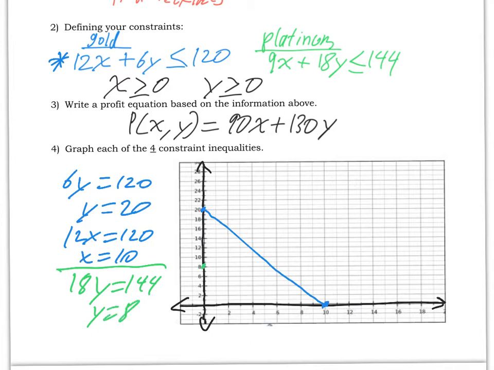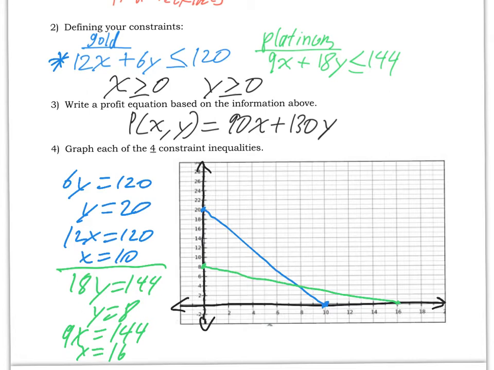So we're at 8 on the y-axis. And then when y is 0, we get 9x equals 144. So our x-intercept is at 16, which is over here. And I'm going to go ahead and try and draw this as accurately as I can.